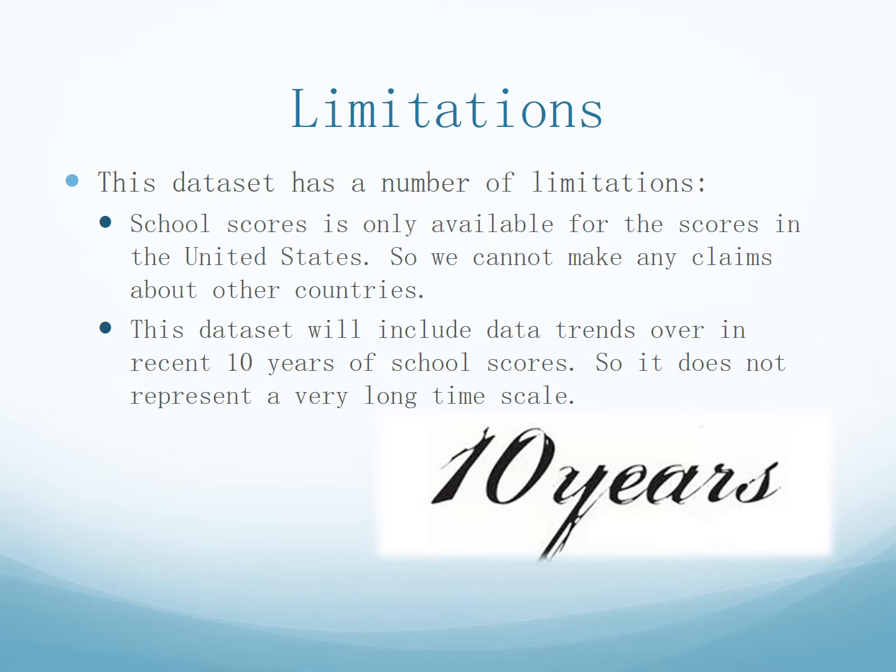And this dataset only includes data trends over the recent 10 years of school scores. So it does not represent a very long time scale, but it can definitely show us what the trends of the dataset will be.